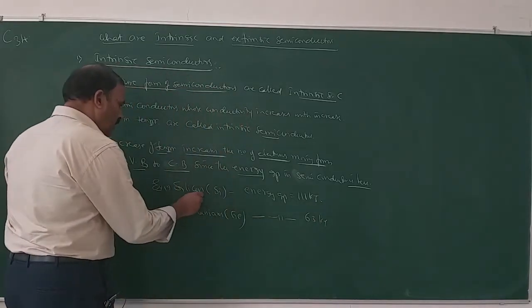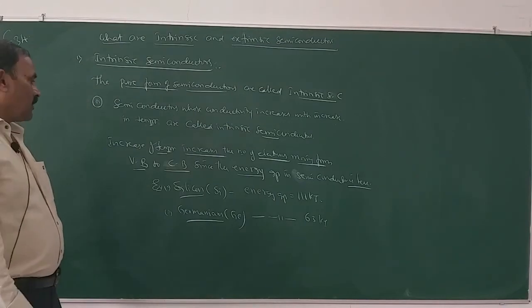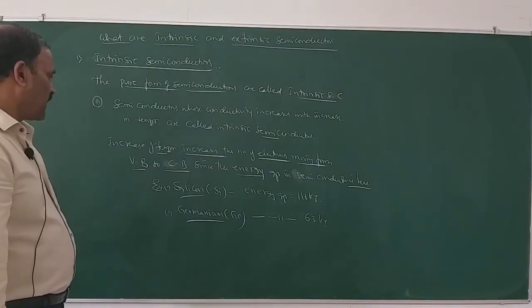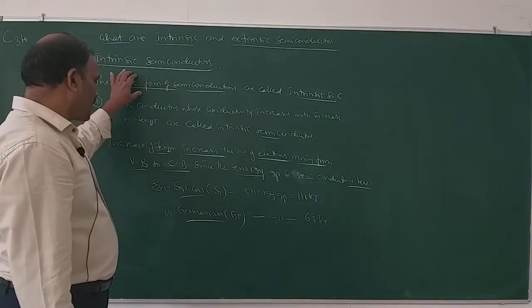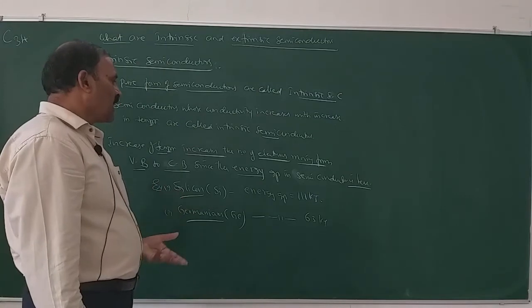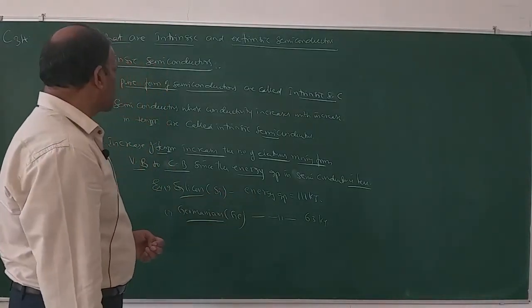So silicon and germanium are the elements which are called intrinsic semiconductors, because these are the pure form of semiconductors whose conductivity can be increased by increasing the temperature, since the energy gap is very less.